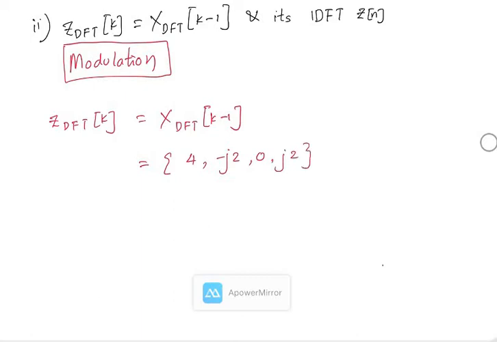Since it's a negative 1, we must move the origin 1 unit to the left. So this one should be j2. This is periodic, so we move it from the back to the front, because the signal keeps repeating. So j2, 4, minus j2, 0, but we still remain N equal to 4. So this is Z DFT[k].